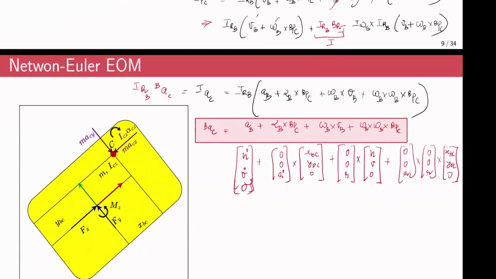So the first term, alpha_B cross BPC, if I wanted to expand it, if I take the determinant of this matrix with 0, 0, r dot and x_BC, y_BC, 0, I'll get minus y r dot I cap plus x r dot J cap.